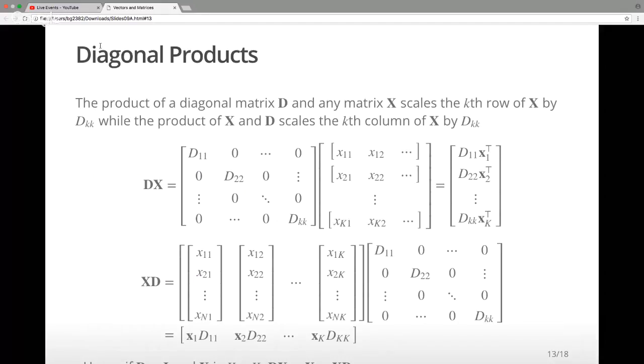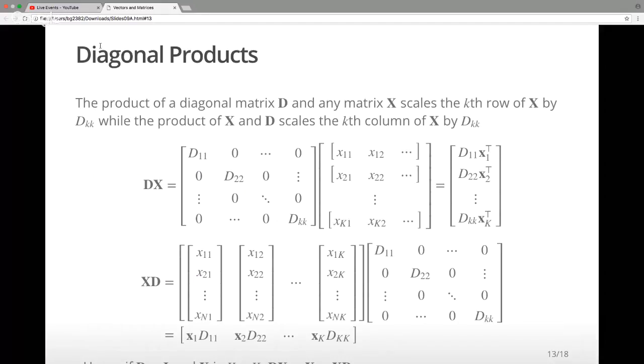We take each row of X and scale it by the corresponding diagonal element of D to form a new matrix, which is just D11 times the first row vector, D22 times the second row vector, etc., all the way down. And so multiplying a diagonal matrix on the left of some matrix X scales each row of X by the corresponding diagonal element of D.